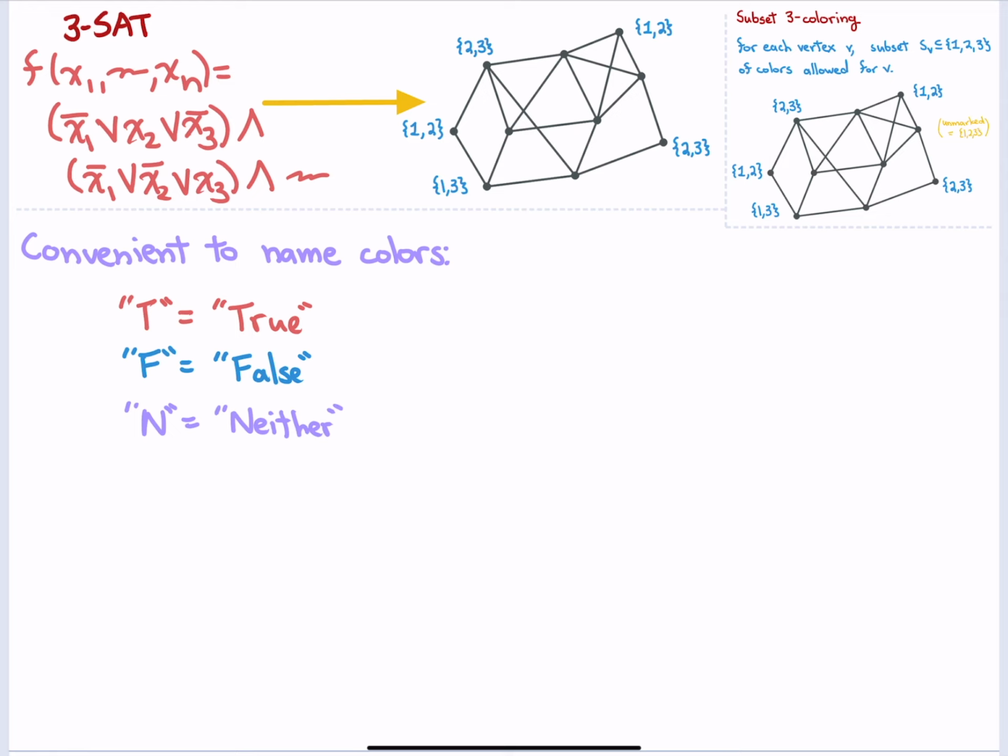Okay, so maybe for a variable like xj, you're saying I should make a node. xi also has a node.